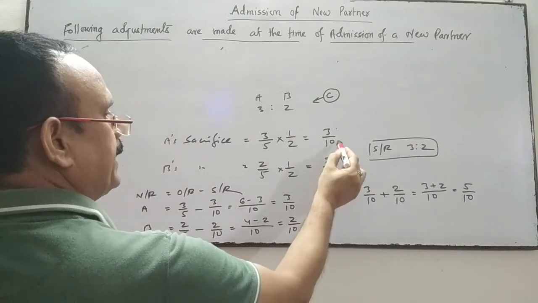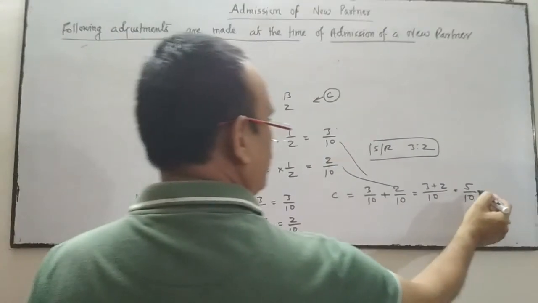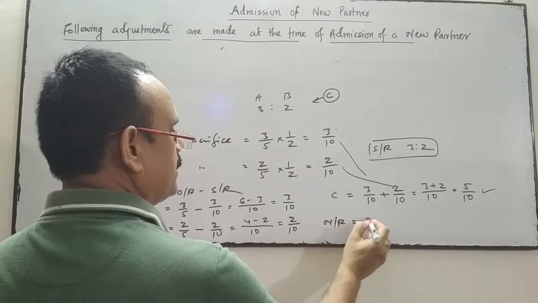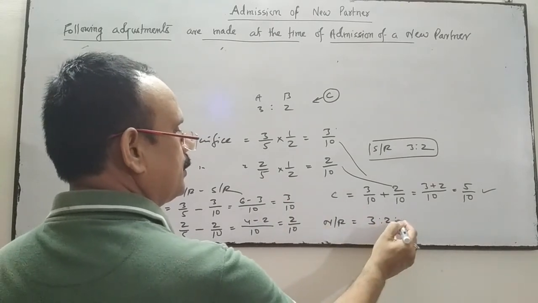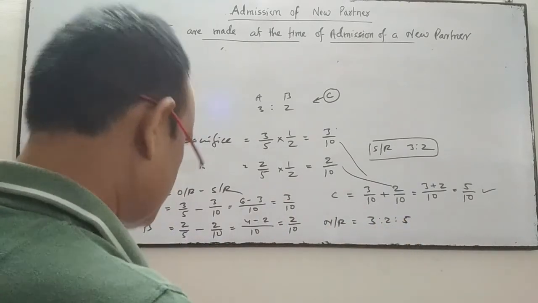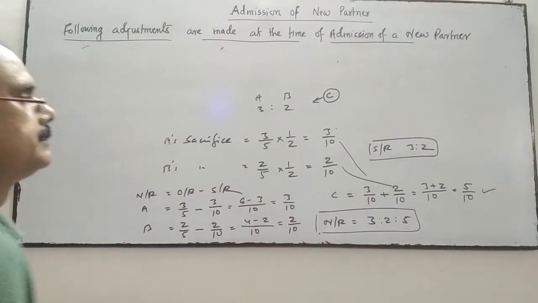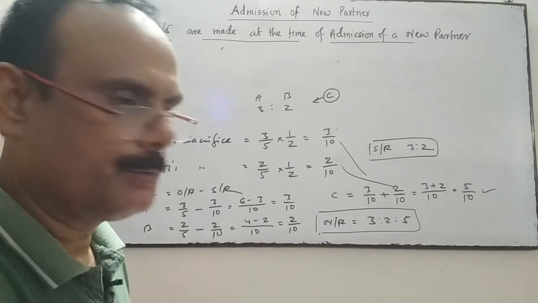A has sacrificed this, B has sacrificed this, so the total share of C is 5/10. So the new ratio is 3:2:5.